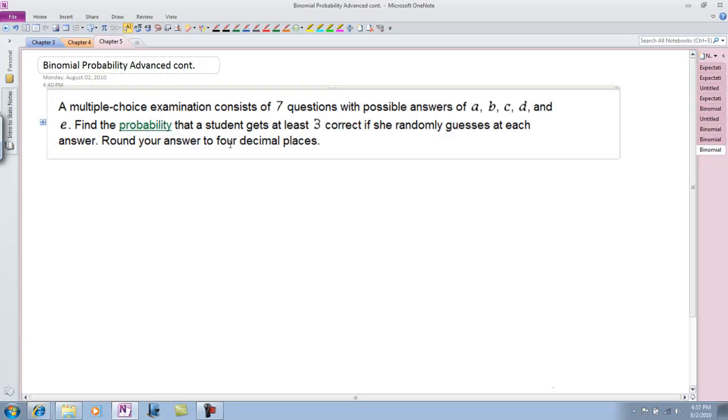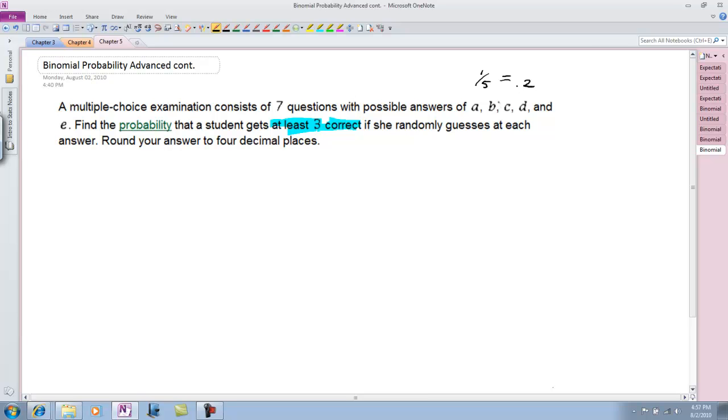Find the probability that a student guesses at least 3 correct if she randomly guesses at each answer. So it's a multiple guess test, and there's only 7 questions on it. There are 5 choices for each question. So what's the probability of guessing 1 right? It's 1 in 5, or 0.2, a 20% chance.